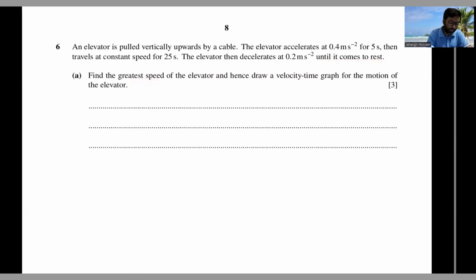The greatest speed is at t equal to 5 seconds, and it is then maintained for the next 25 seconds. During the first 5 seconds it accelerates uniformly at 0.4 meter per second square, so you can apply v equal to u plus at. Since it is starting from rest, the initial velocity is 0, and the acceleration is 0.4 times 5.